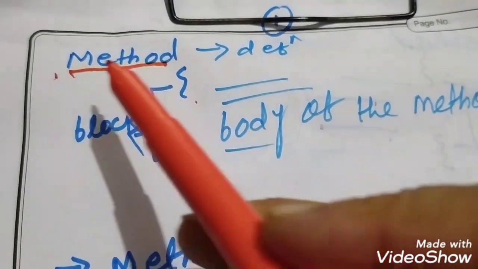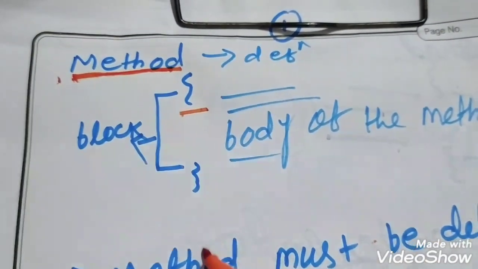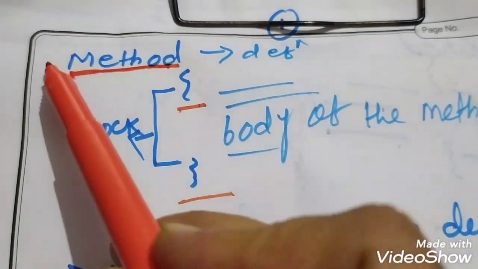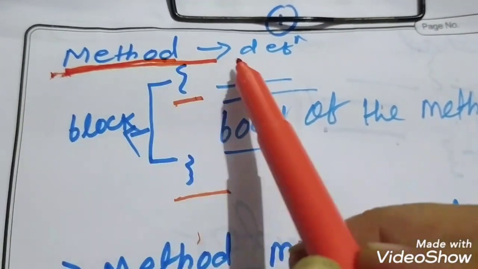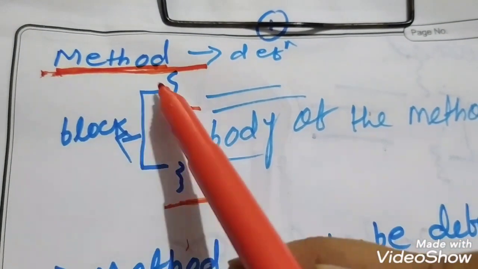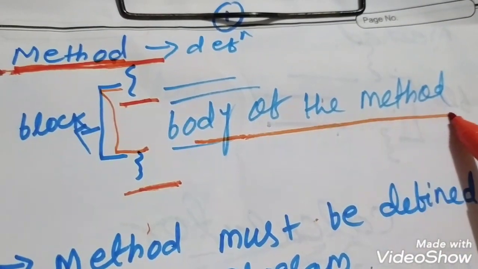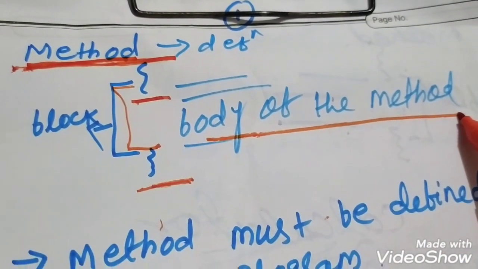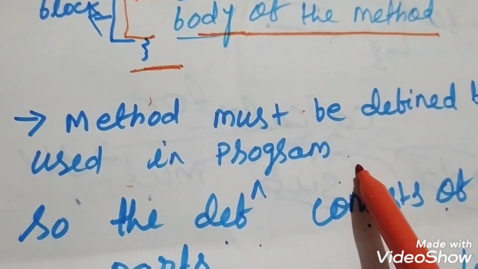In this example, you can see the method starts with curly braces and ends with curly braces. This line is the structure, the header or the prototype, and the part from the opening curly brace to the closing curly brace is known as a block, and it is called the body of the method. So a method must be defined before it is used in the program.